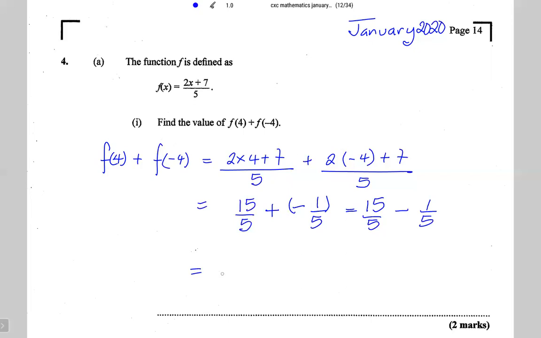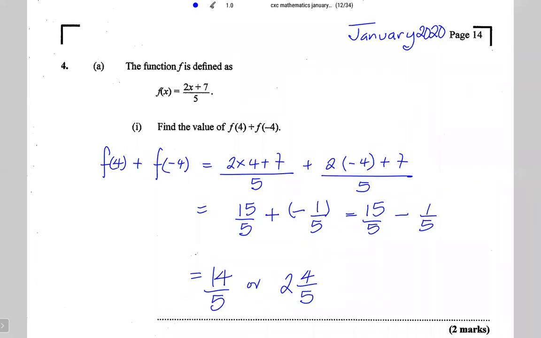The final answer is 14 over 5. Or if you want, it is 2 and 4 over 5. So f of 4 plus f of minus 4 is 14 over 5, or 2 and 4 over 5.